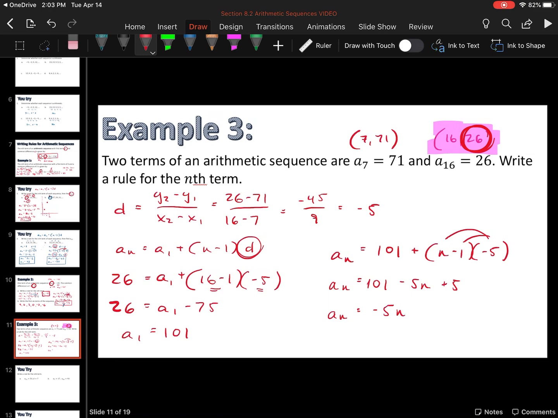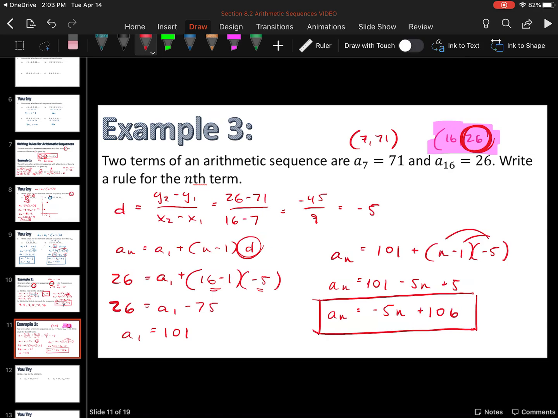Finally, you should get negative 5n plus 106. So that means you start out with 106 and you go down 5 each time.